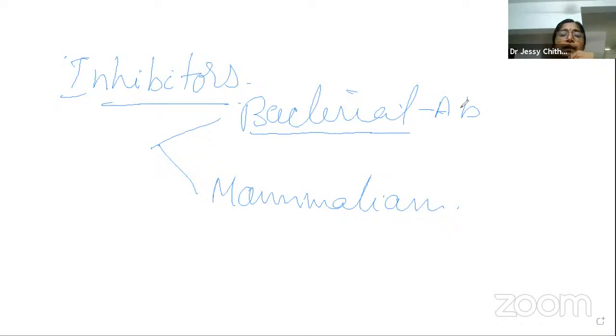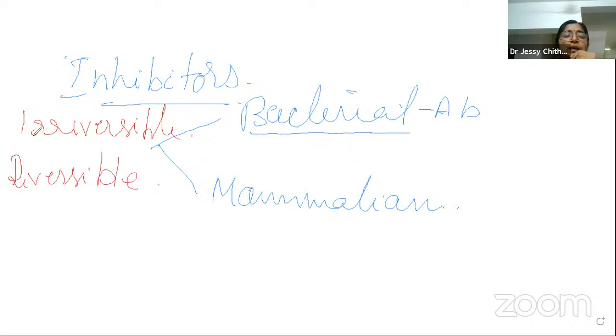These bacterial antibiotics are in turn classified into irreversible inhibitors and reversible inhibitors. Irreversible inhibitors are bactericidal.